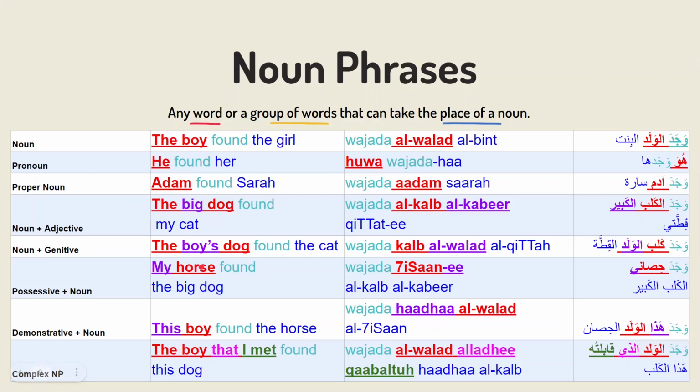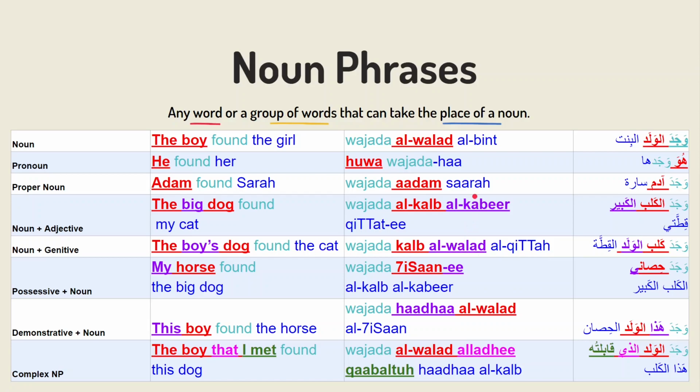And then for the genitive, the boy's dog found the cat. وجد كلب الولد القطة. So you can also put the first noun phrase as the genitive and the second noun phrase in the object position, and it all fits very easily.